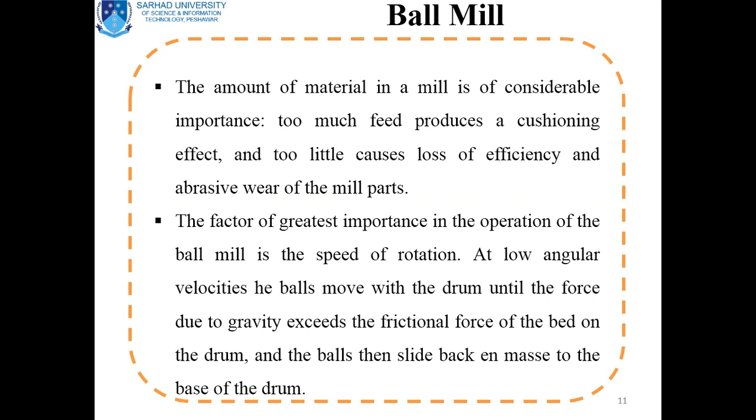Another factor of greatest importance in the operation of the ball mill is the speed of rotation. At low angular velocity, the ball moves with the drum until the force due to gravity exceeds the friction force of the bed on the drum, and the ball then slides back and moves to the base of the drum.